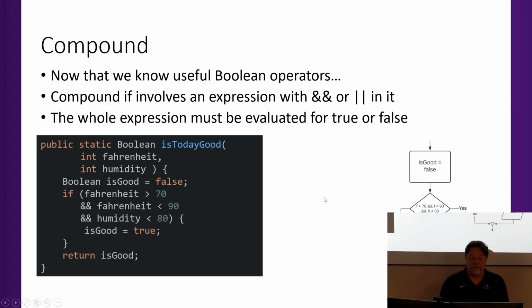Okay, the next variation of our selection list of patterns is what is called the compound if. And now it hopefully will make sense why we just stopped and talked about these Boolean operators, logical operators, because a compound if is one where the expression that we're testing involves multiple sub-expressions combined together with logical operators: and, or, and not.